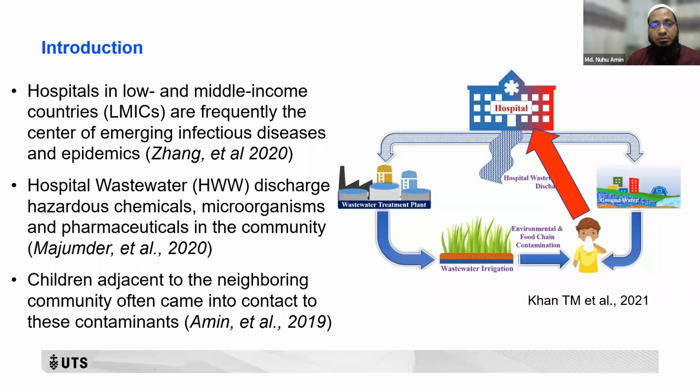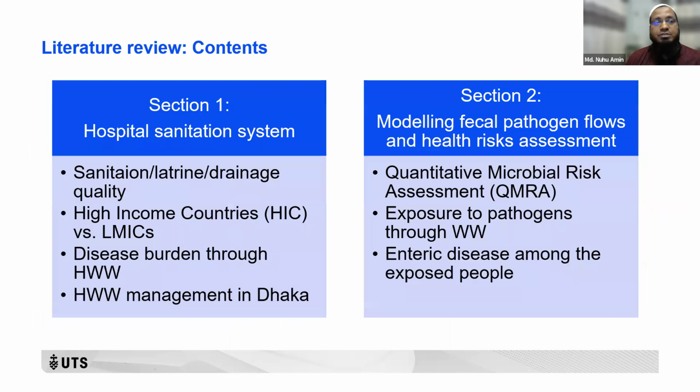So my literature review will consist of two sections. One is the hospital sanitation system, and then modeling fecal pathogen flow in health risk assessment. In the hospital sanitation system, I will discuss the sanitation latrine coverage and their quality according to JMP and WHO criteria, the difference between high income and low income communities, healthcare facilities, infrastructure, wastewater management, and disease burden, particularly in low and middle income countries, and overall management.